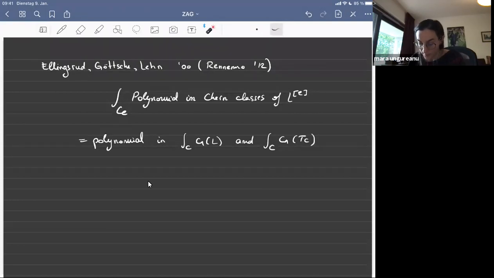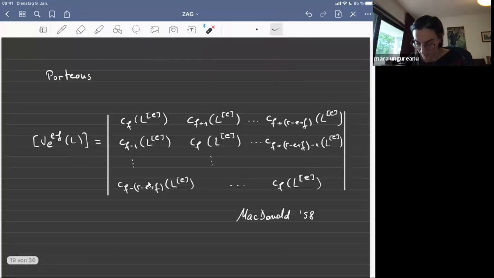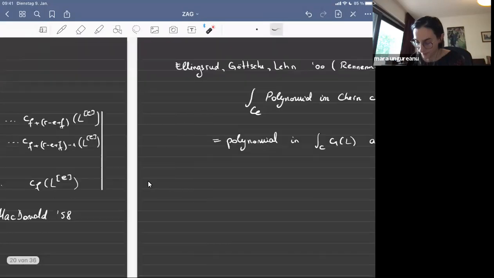And that's really awesome because I can use this in my case as well, because you see this is a determinant, right? This is definitely a polynomial in the Chern classes.